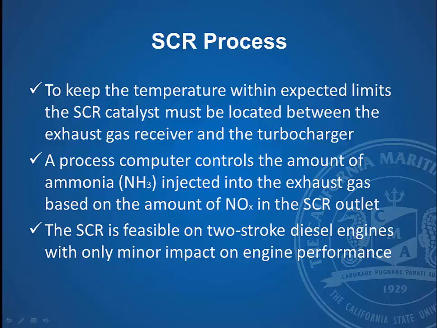So as soon as your exhaust gas comes off the exhaust gas receiver, it has to go into your SCR catalyst, and then the output of that catalyst is fed into the inlet of the turbocharger. And you have a process computer which controls the amount of ammonia injected into the exhaust gas based on the amount of NOx in the SCR output.